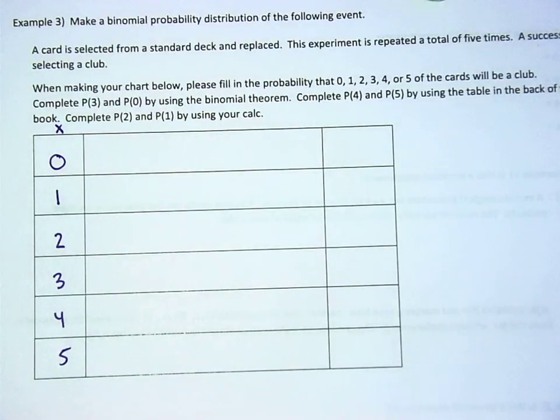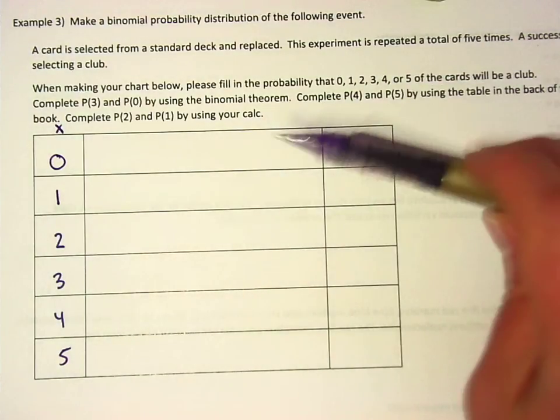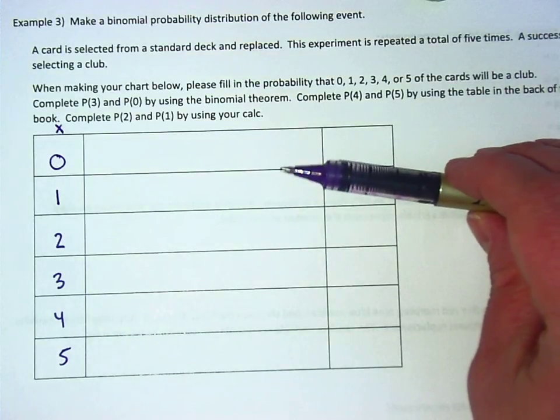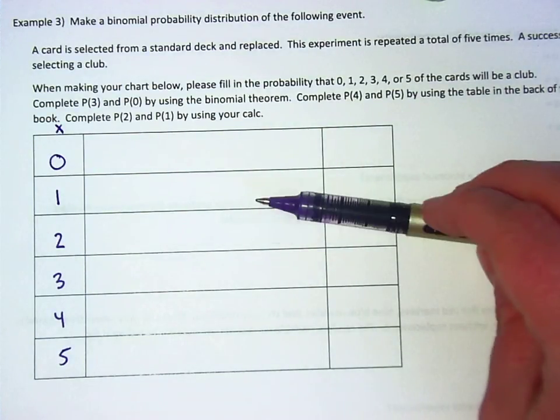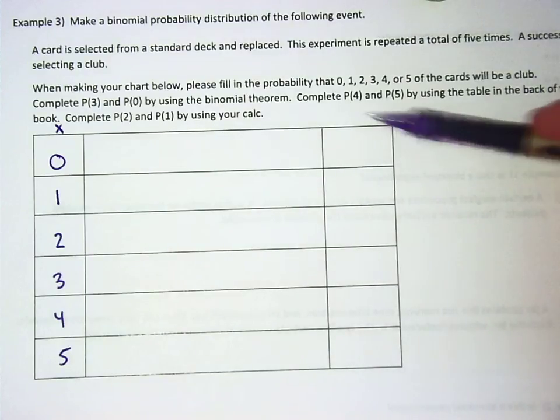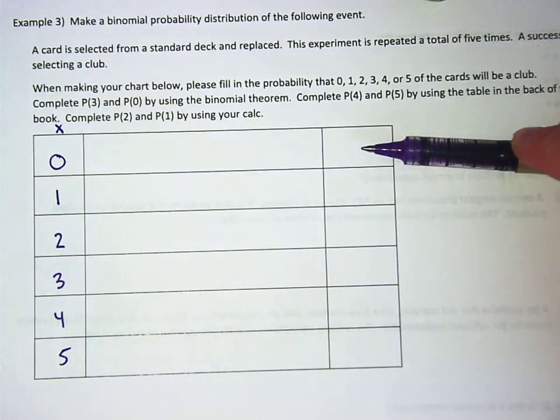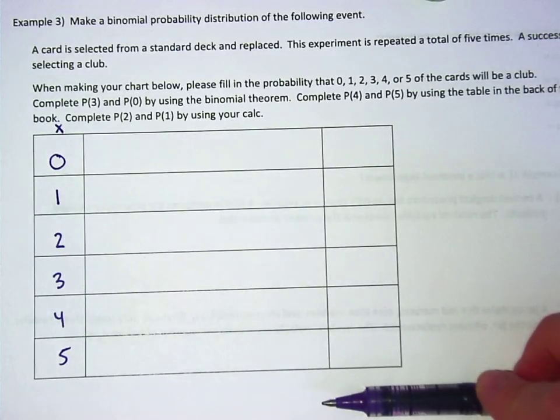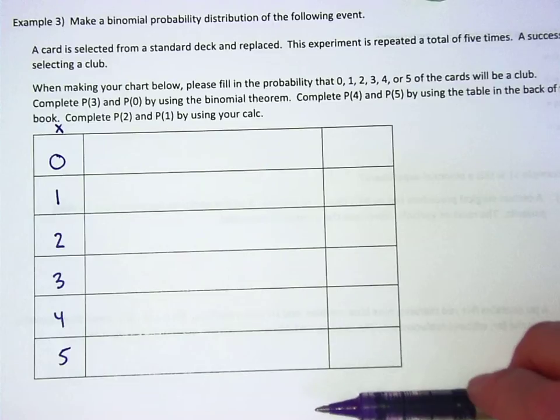So what are your chances of getting this? How many, what do you guys think? What's going to be the highest probability? If there's 5, one or two clubs, you think? Okay. Do you think it's really more likely that I'd get 0 clubs or 5 clubs? 0. Okay. Would it be the same? Let's find out.